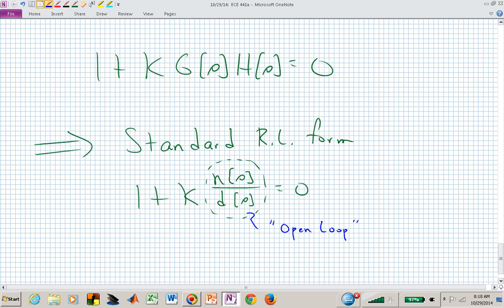So n of s, if we say, what are our open loop zeros? Now I'm wanting you to say, oh, what are the values of s that cause this little n of s to be 0? What are the poles, open loop poles in this root locus argument? After we've put everything into a standard form, it will boil down to this, and then you would be answering me with, oh, the roots of d of s are your open loop poles.